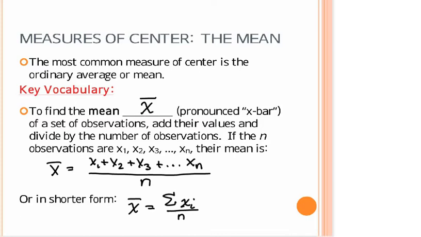You will see it more frequently written this way than in the long form, just because this is shorter and more compact. This symbol right here only means to sum. It's just a summation symbol, and most of you already know that.